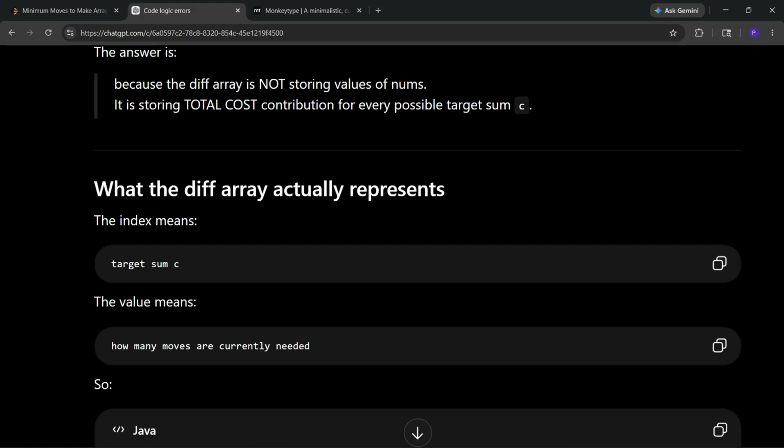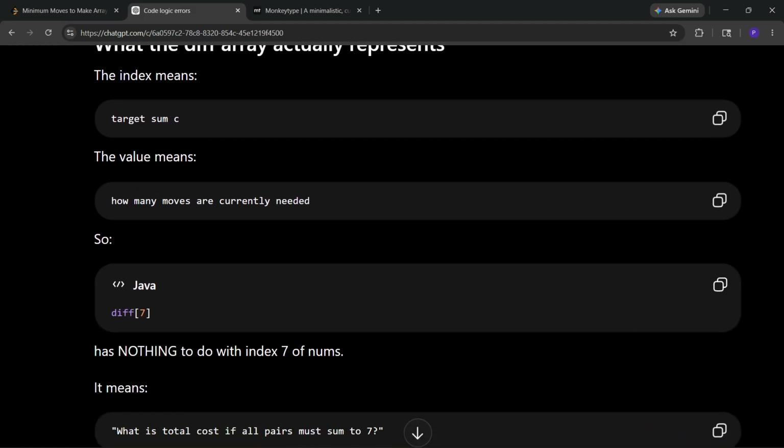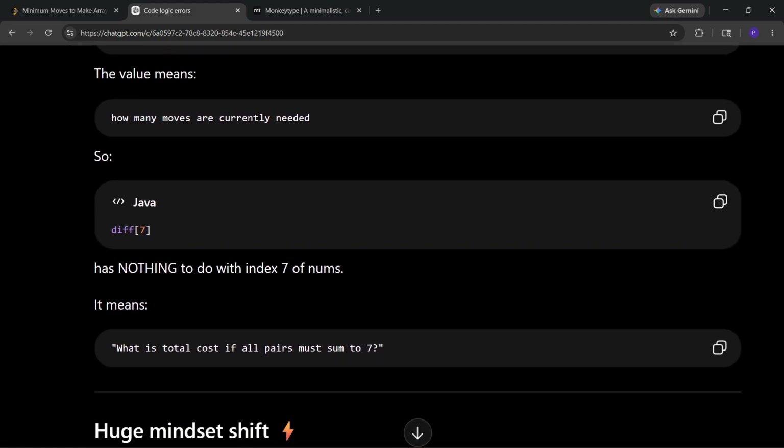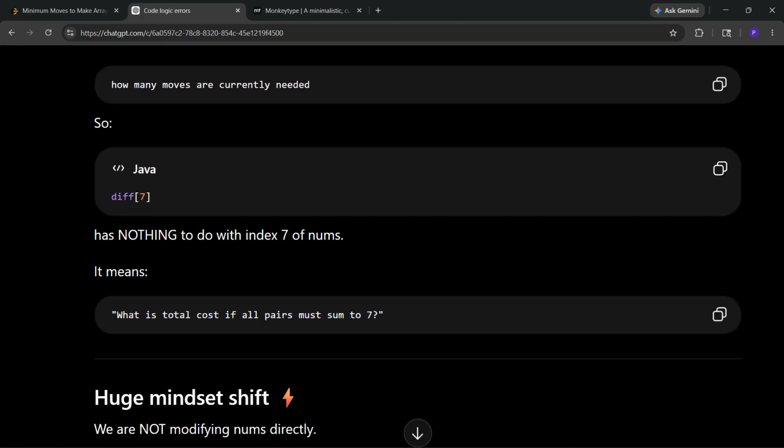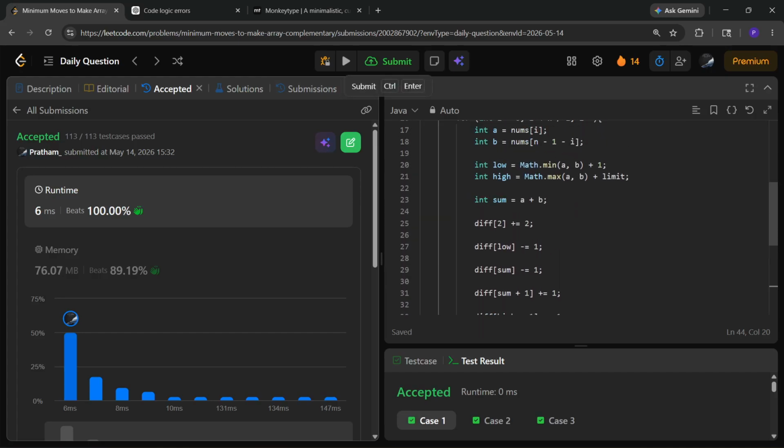The index means the target sum C. The value means how many moves are currently needed. So the difference of 7 has nothing to do with index 7 of nums. It means what is the total cost of all pairs that must sum to 7? Okay, so is this actually storing it?